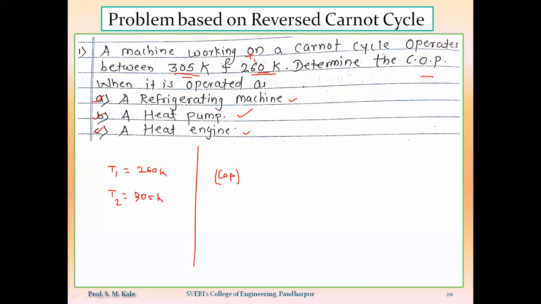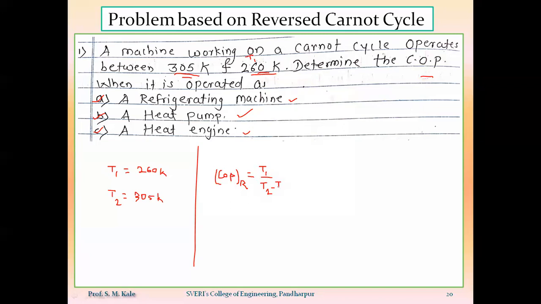Can anyone tell me the formula for COP of refrigerating machine? The formula is T1 divided by T2 minus T1.